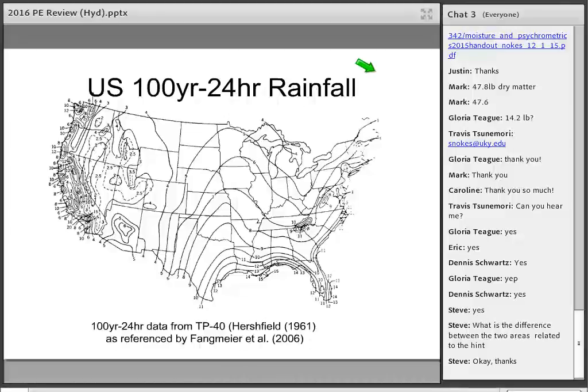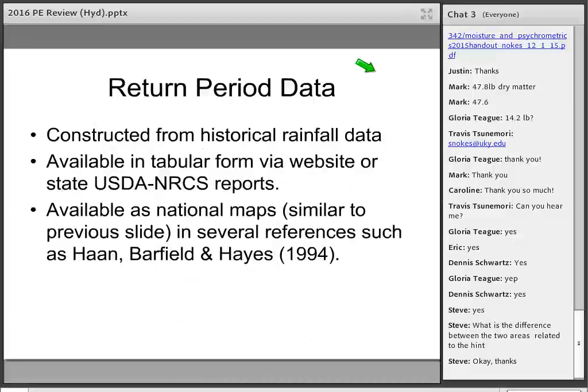I know in Illinois it's like 4 pages and it goes from 1 year to 2 year to 5, 10, 25, 50, and 100 year. And that's just the 24-hour, but you can get it for lower durations as well, and actually longer durations too.